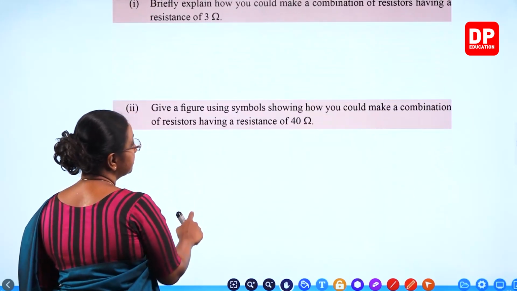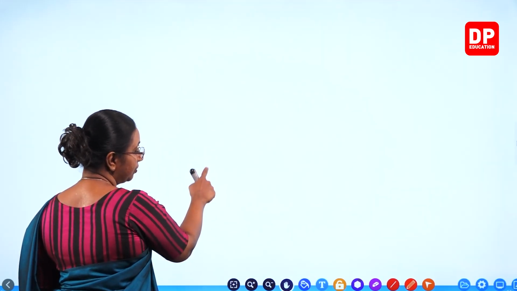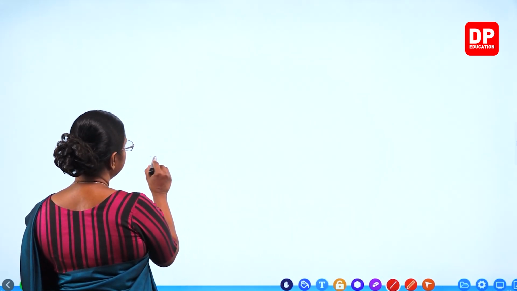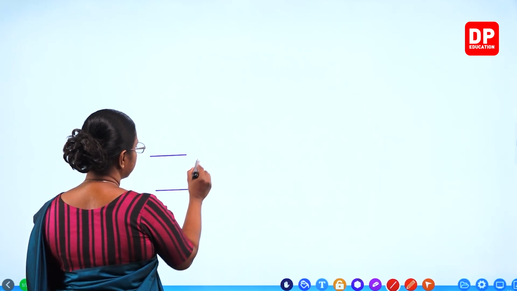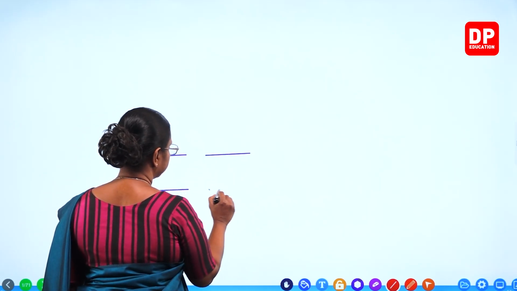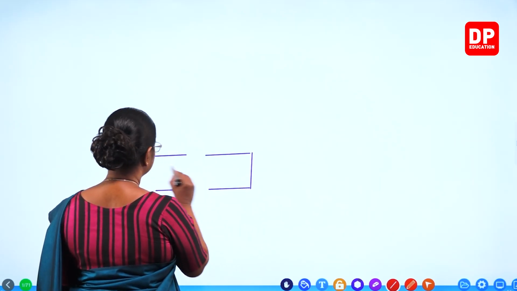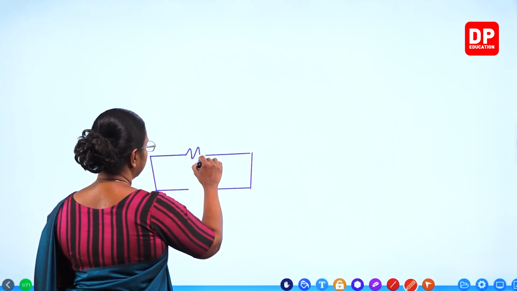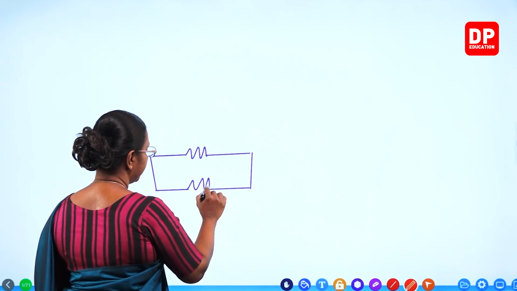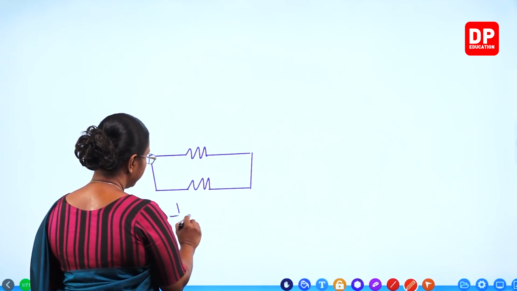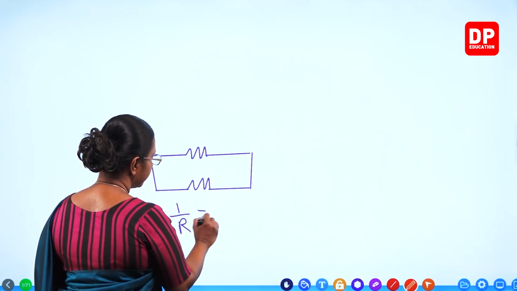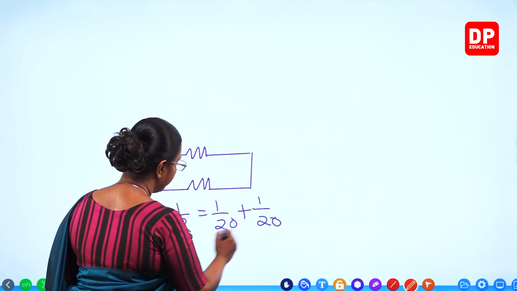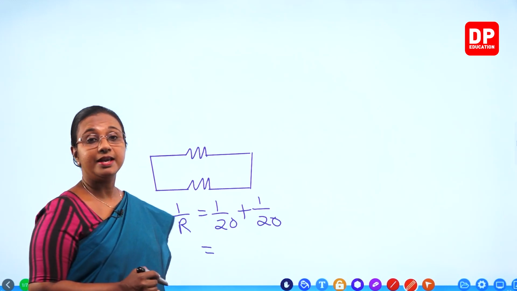So if we first try that out, now here you can see if we have a connection like that, if you take 1 over R as 1 over 20 plus 1 over 20, obviously it will be a high value.